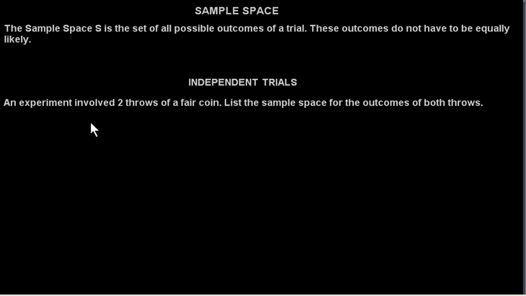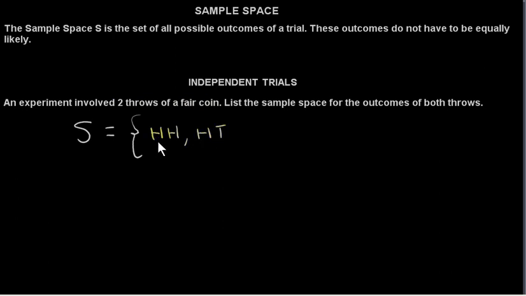So we're going to use set notation. Capital S denotes the sample space. We're going to use the curly brackets, and we're going to write down each outcome separated by commas. So one possible outcome is HH. We're talking about one outcome of two throws of a fair coin, so HH is just considered to be one outcome. If H is first, then tails could be second.